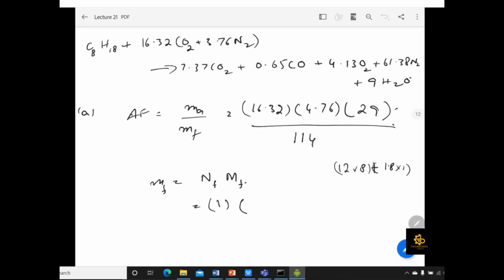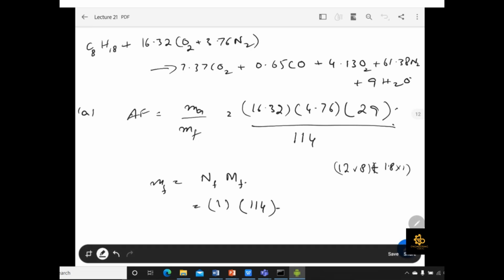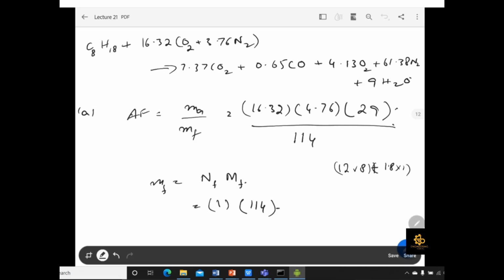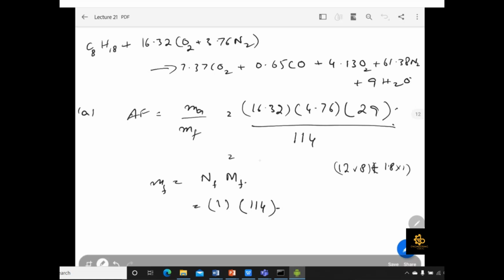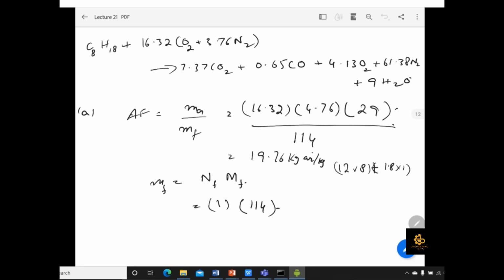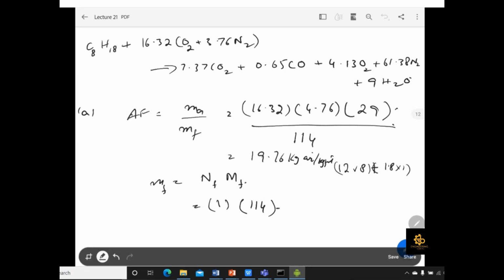So you can just directly use this method also, rather than separating all the components, finding the number of moles and then adding them. So this is another method for finding this. I think this is easier for you. So the air fuel ratio is 19.76 kg of air per kg of fuel. Okay, so this is another thing you have to consider for finding air fuel ratio.